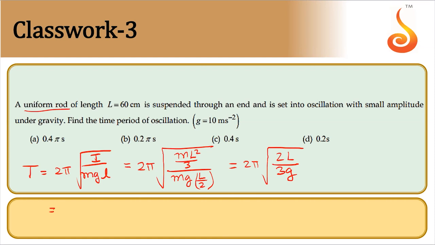So substitute for it, 2 into 3.14 into root of 2 into 60 centimeter, that is 0.6, divided by 3 into 10. They have kept pi as it is, so keep pi as it is.